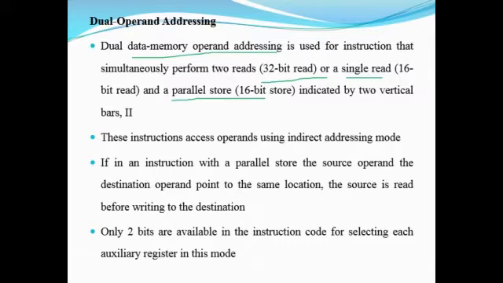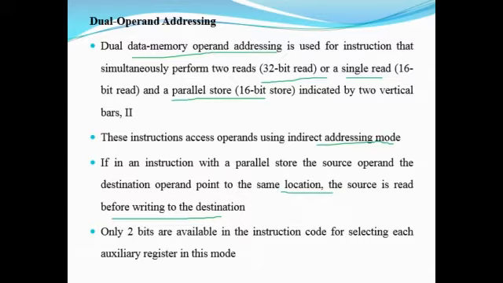These instructions will access the operands using indirect addressing. So there is no direct fetching of data and executing it, but it is performed in an indirect way. If in an instruction with a parallel store, the source operand and the destination operand point to the same location, the source is read before writing to the destination. So that is what we consider.